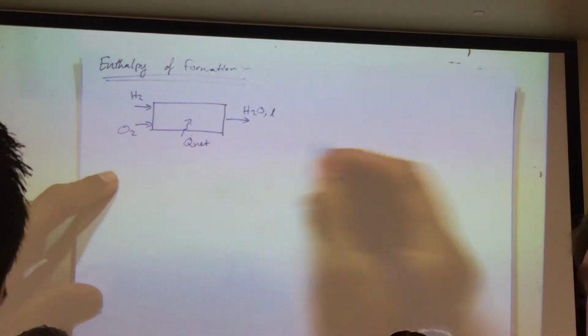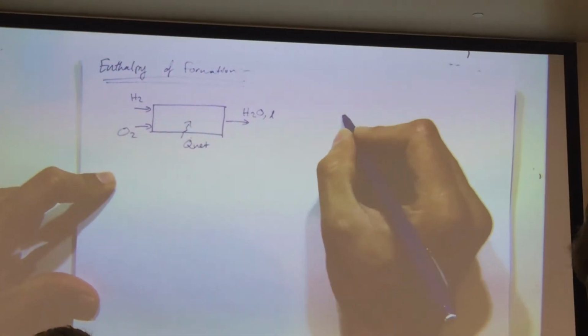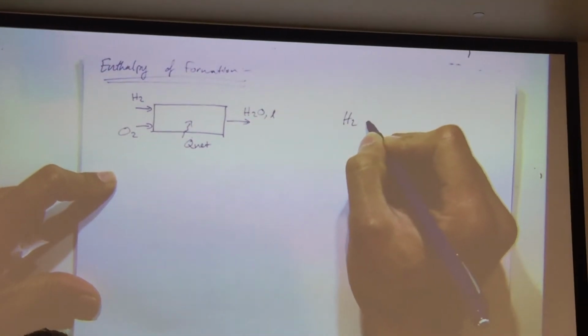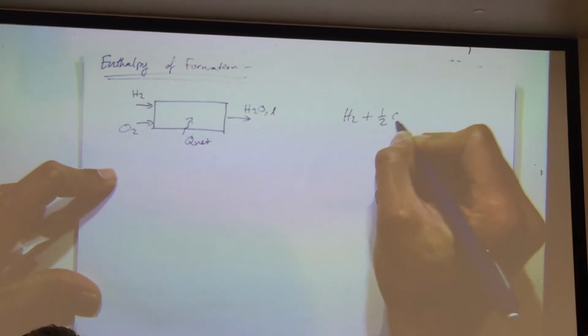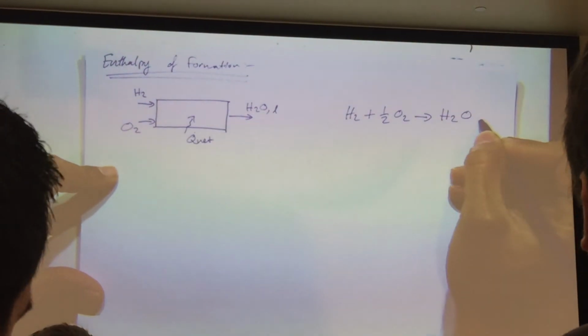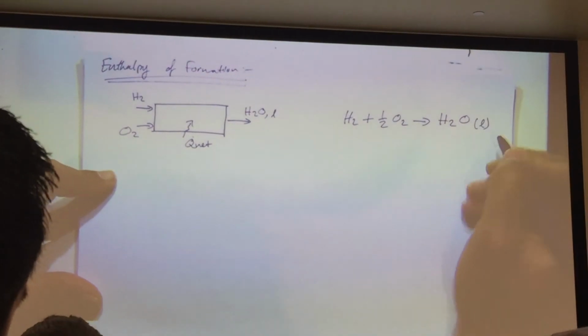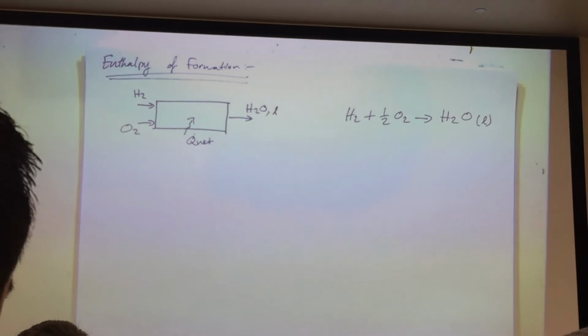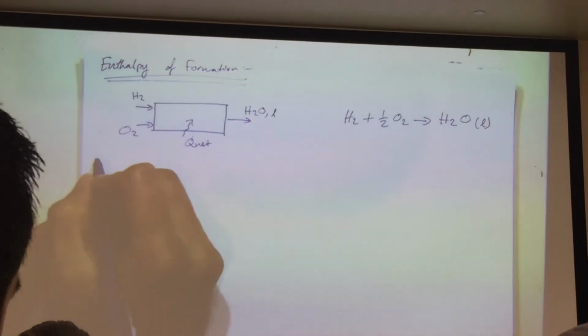So what is my chemical equation balance here? H2 plus half O2 gives me H2O in a liquid phase. So let's apply our first law.